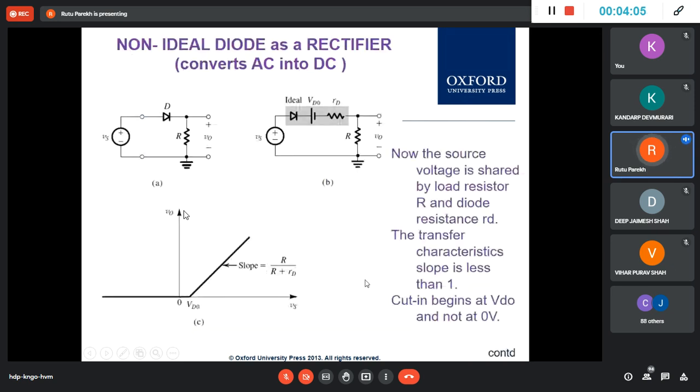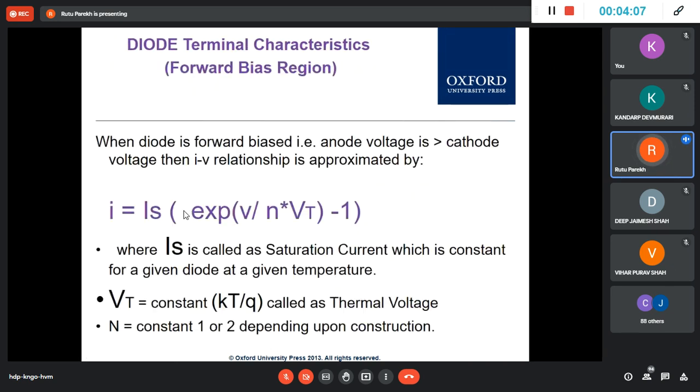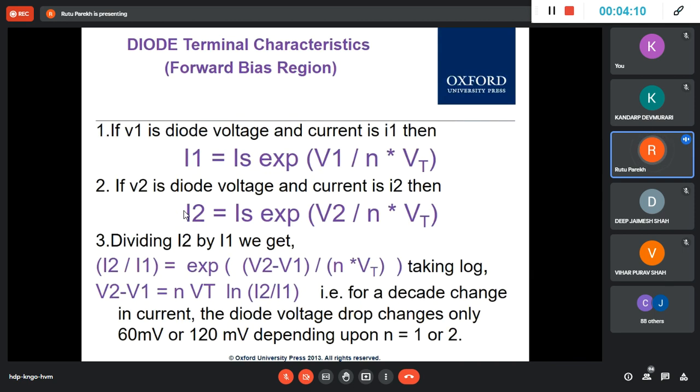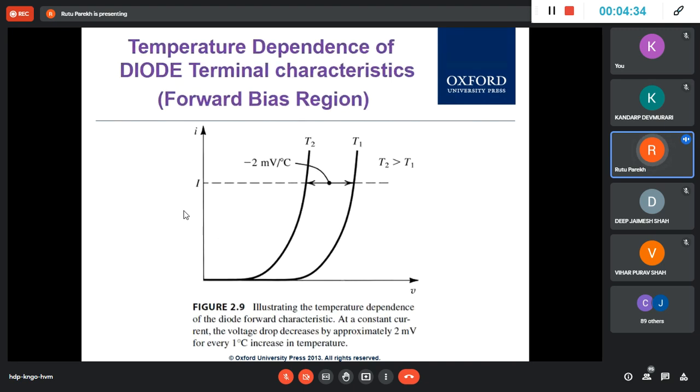And that's what we saw here also in the equation form, that if you take the ratio of the current as a 10 times change, then the change in the voltage for 10 times change in the current is 60 millivolt for n is equal to 1, and 120 millivolt for n is equal to 2. So this is one equation that you will use in problem solving.